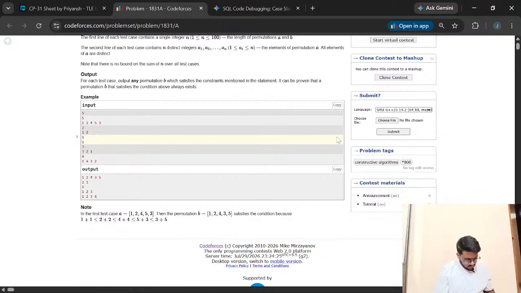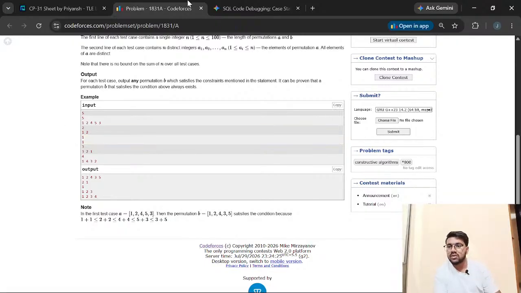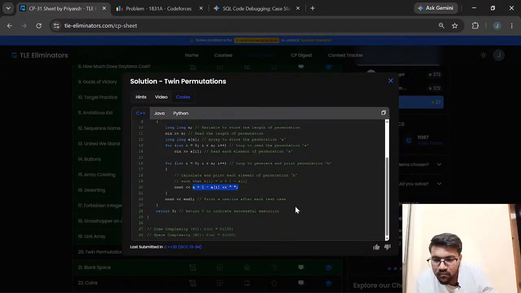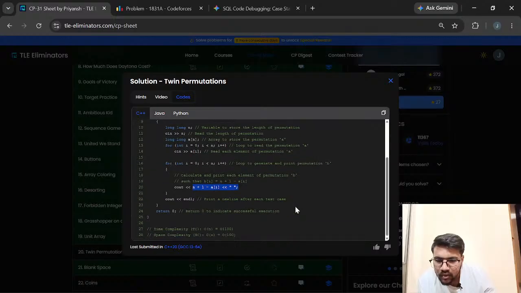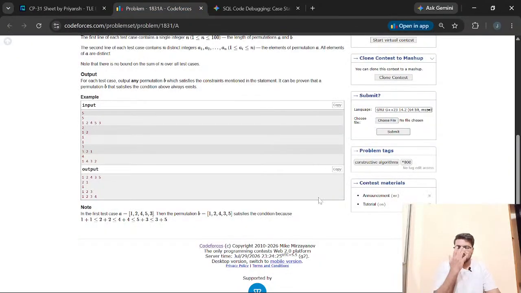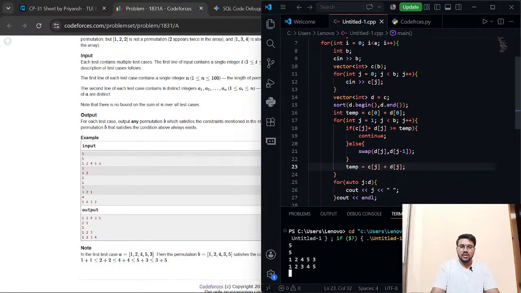Why doesn't it work, chat? 4 3 2 1, it doesn't work like this. 5 3, it doesn't work. And n plus 1. Or I'll just ask GPT what's wrong in my code and what I am doing.